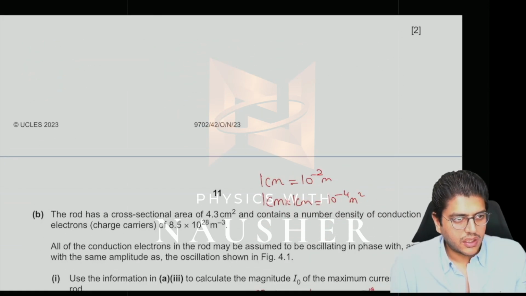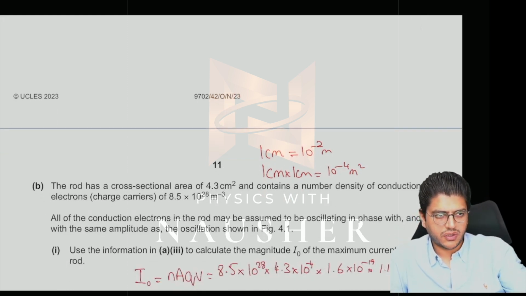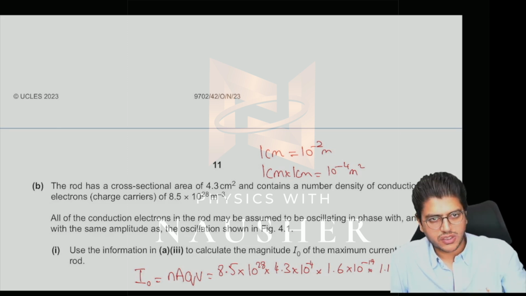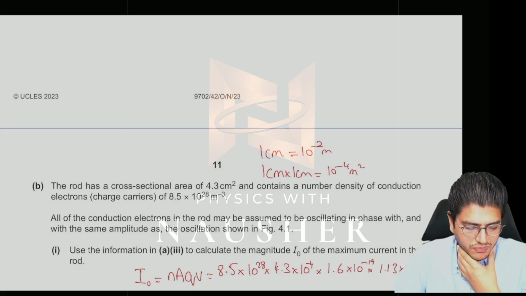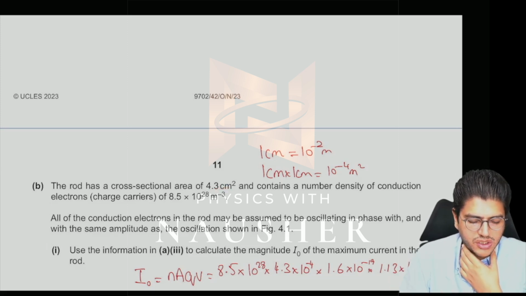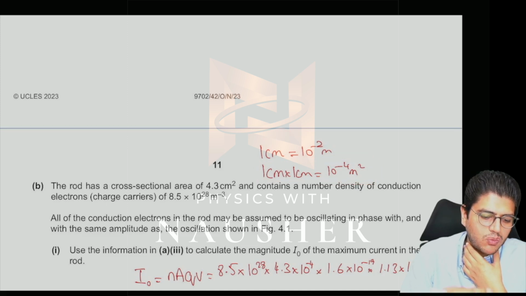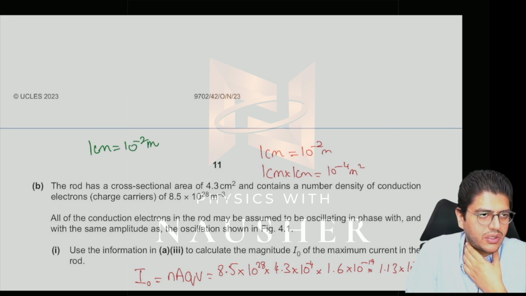Part B. The rod has a cross-section area of 4.3 centimeters square and contains conduction electrons, 8.5 times 10 to the 28 per meter cube. Remember, it's cm square, so you need to convert it into meter square. How? 1 centimeter, centi is 10 to the minus 2, and then you write meters.